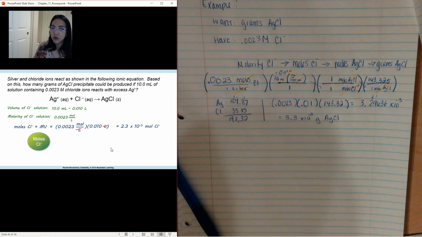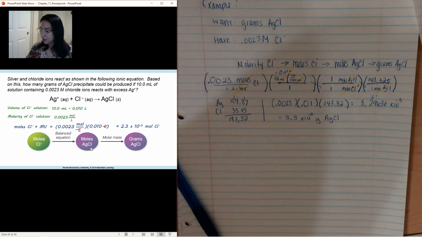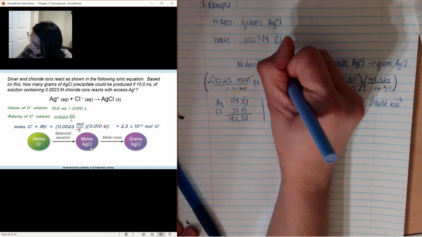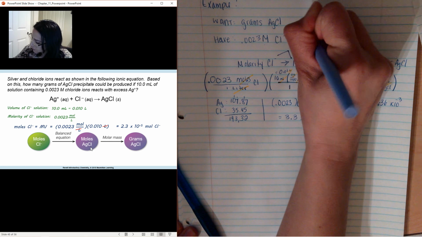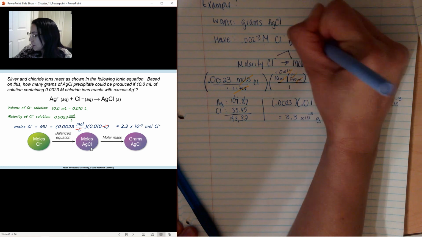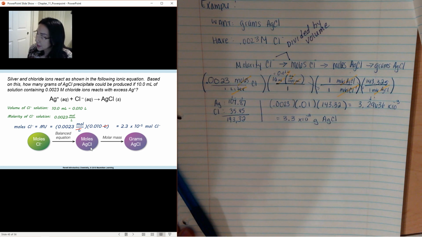And that gave them moles of chlorine. And now for moles of chlorine, we're going to go to moles of silver chloride using the balanced chemical equation. So this here, we divided by the volume. And that's how we got rid of the liters and ended up with moles.